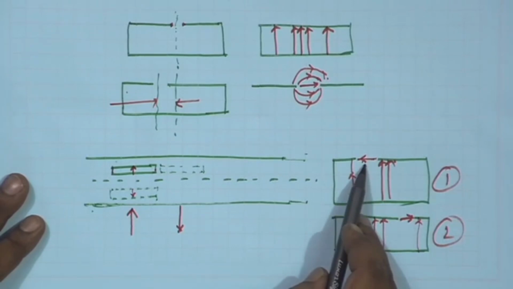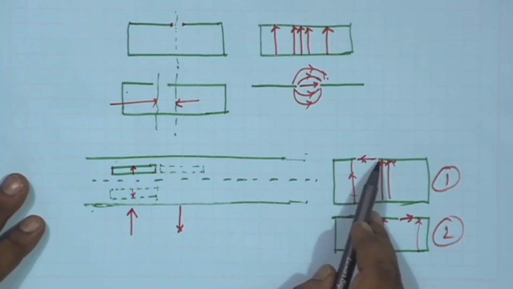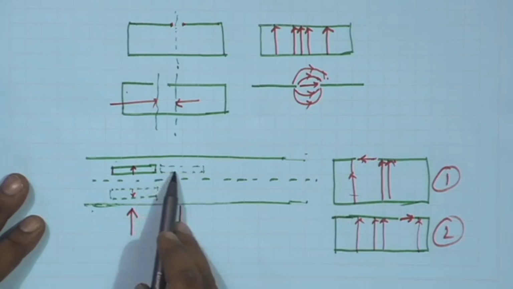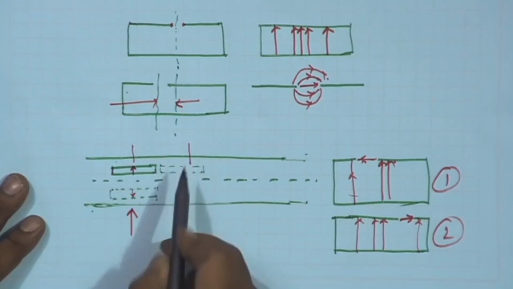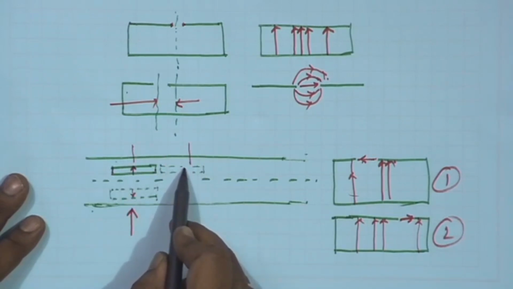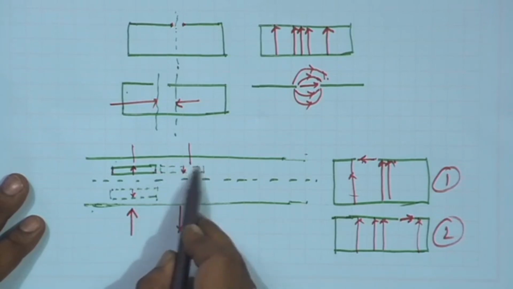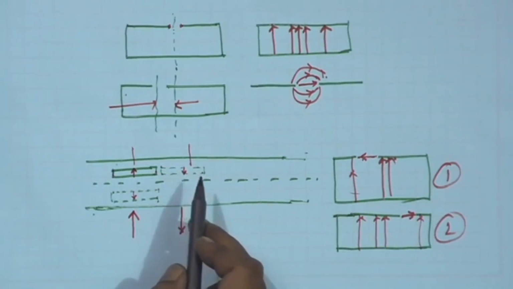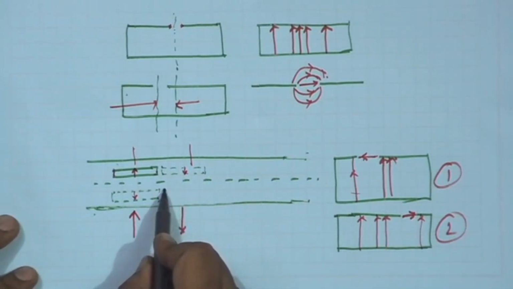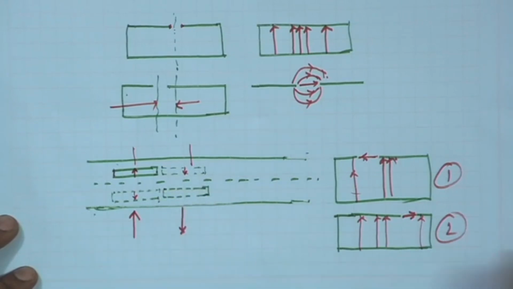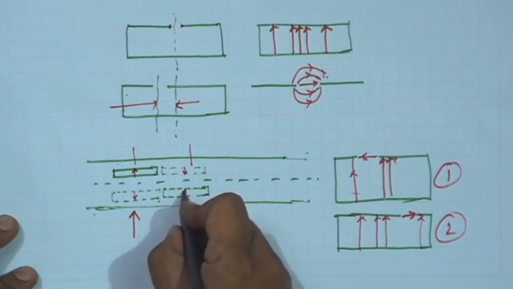So, again we see if I place the slot here with a lambda g by 2 separation between these two, the electric field will be in the opposite direction. So, we can't place the slot here again. So, the only solution is then we have to etch the slot here, so that the electric field is in the same direction.